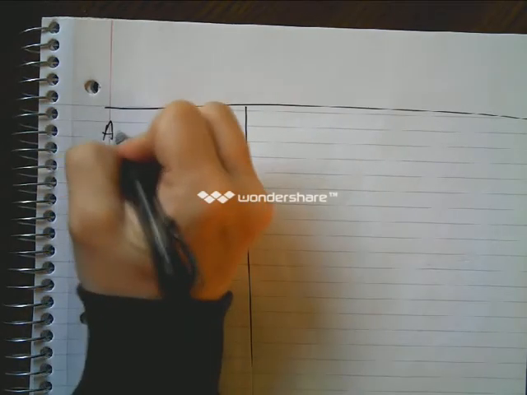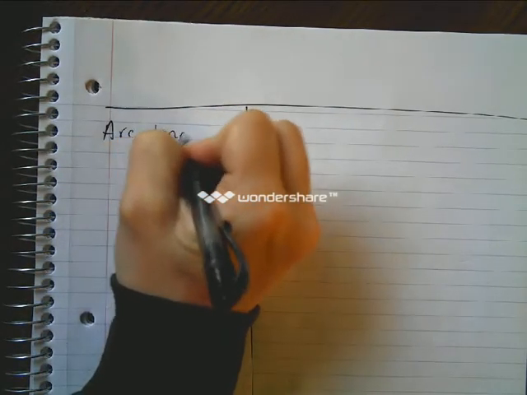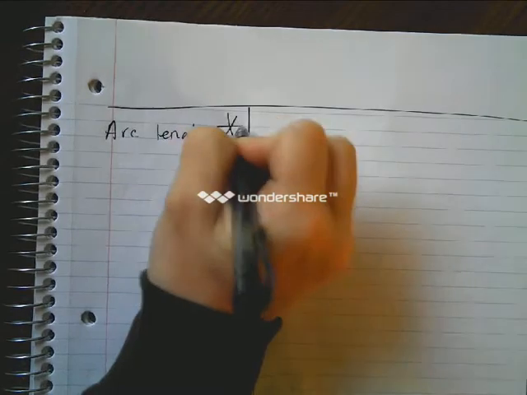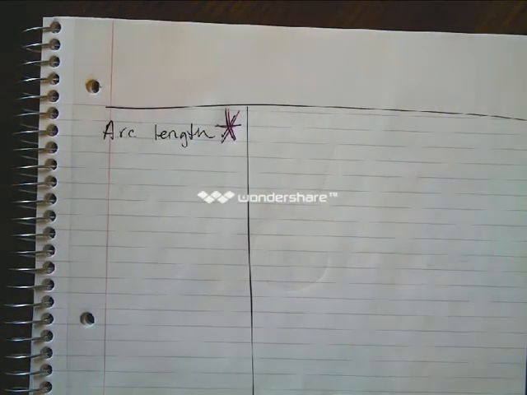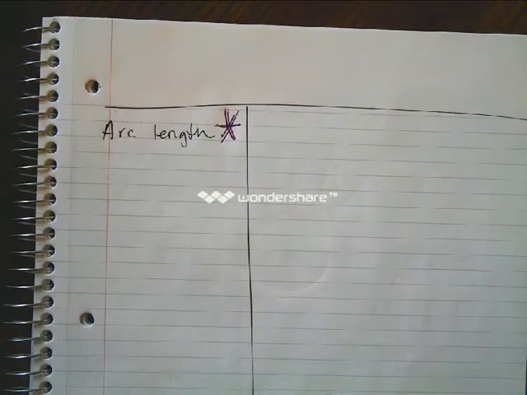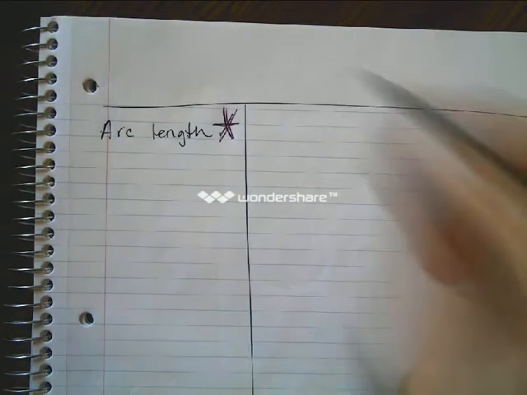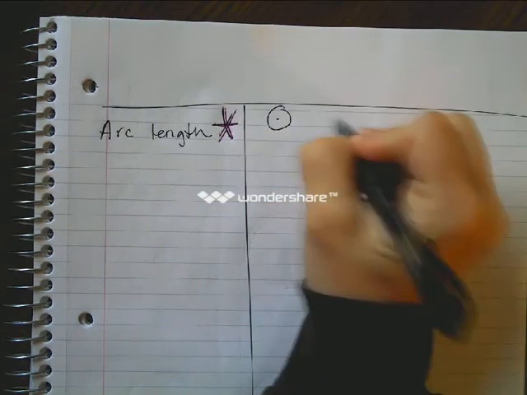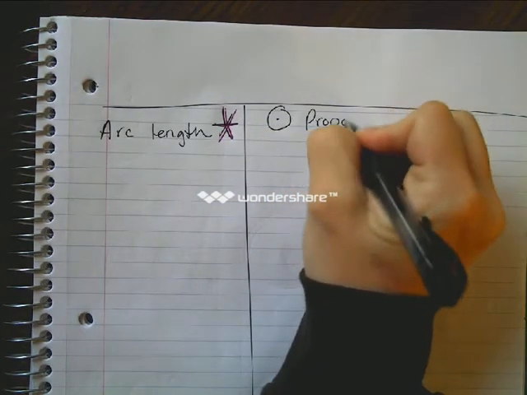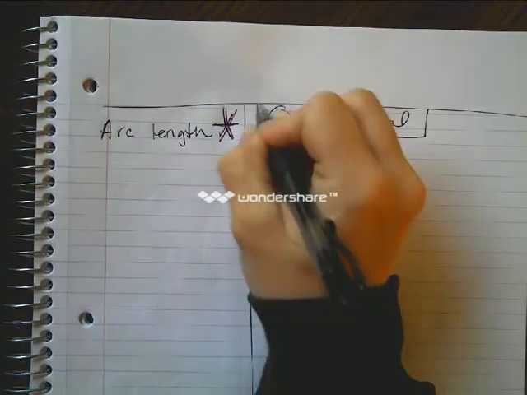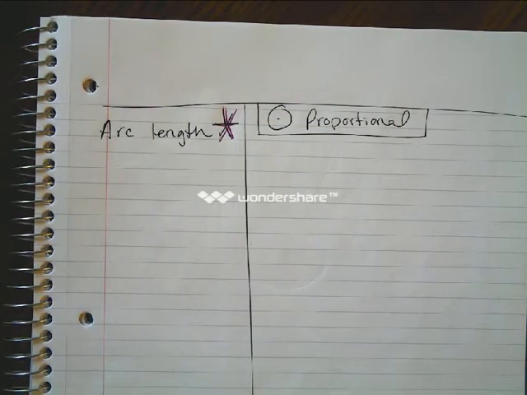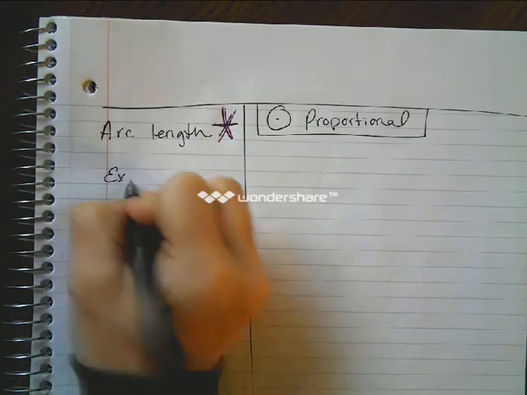So, if I have a circle, and that is the center, and I want the length of AB. And here's where I said that terminology is going to be important.